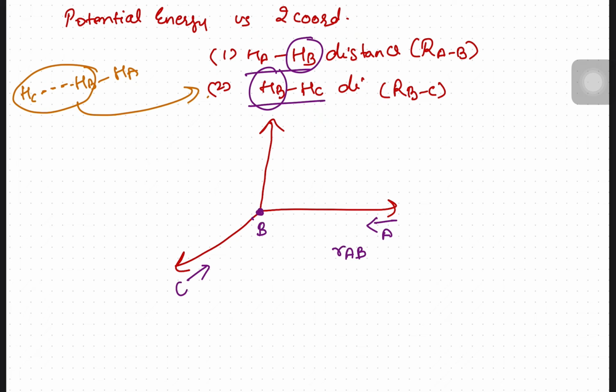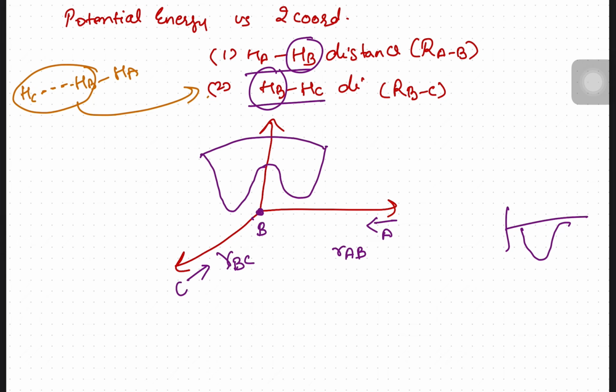So this will be R_AB, and this will be R_BC. For the two-dimensional case, the graph was like this. Now we will combine both graphs, so the diagram will come like this.